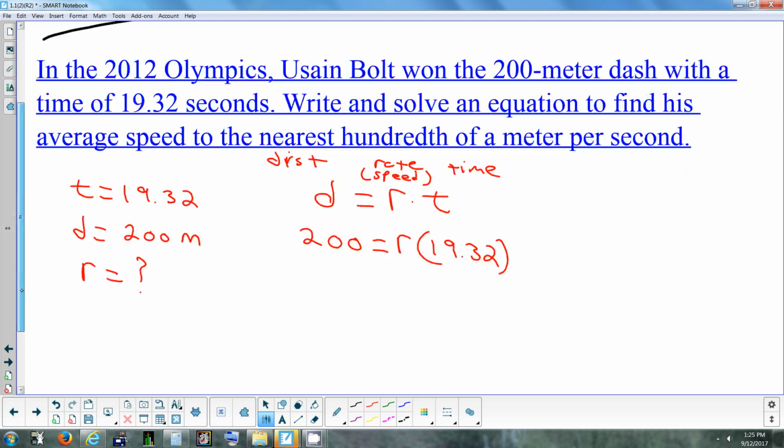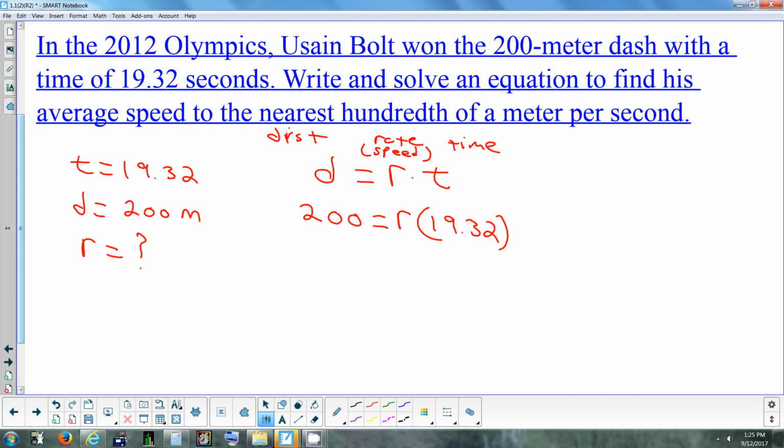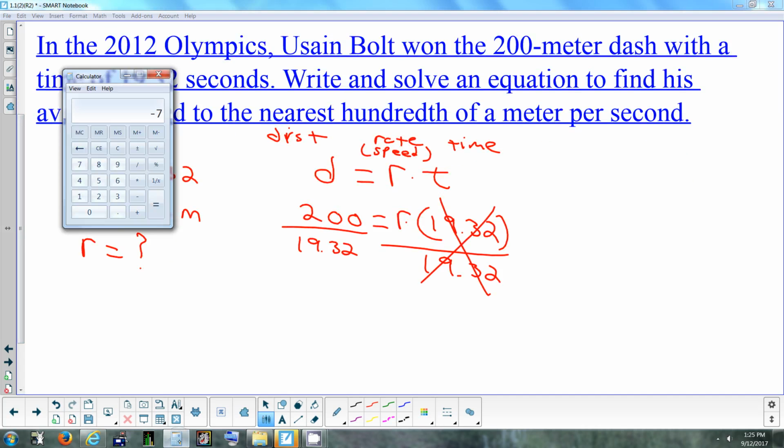So how would we get R by itself? You divide each side by 19.32. Okay, so for this, you just have to use your calculator and type it in.